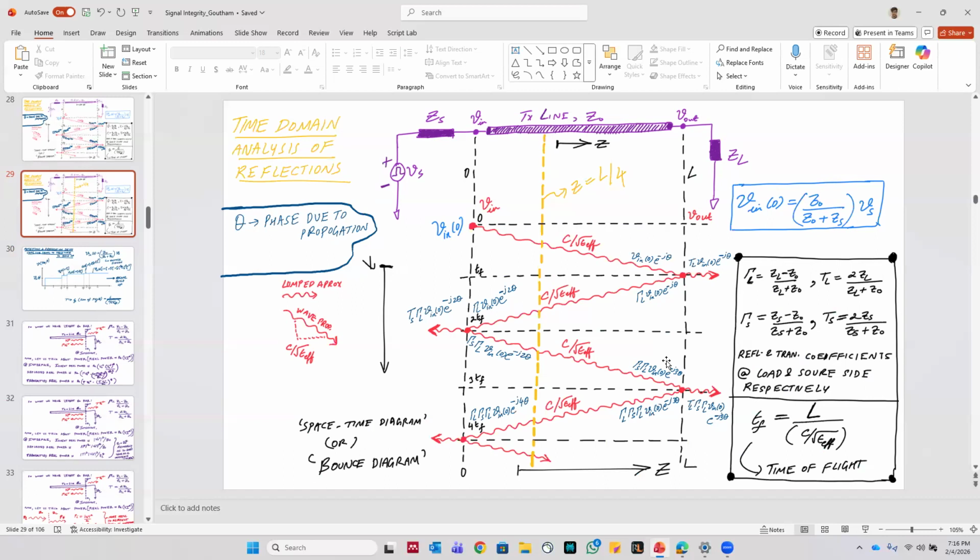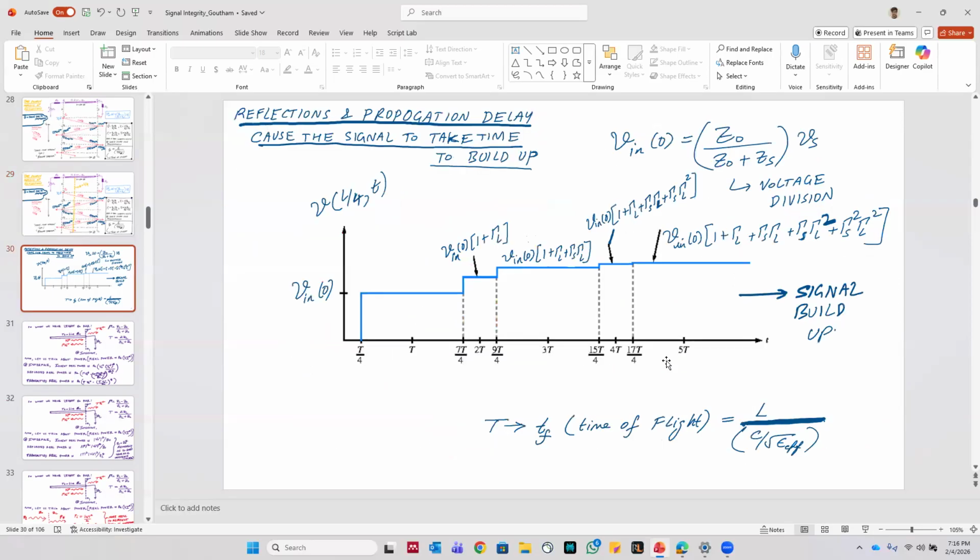You can go back and think about this. But if you're not following, the main concept to understand here is that these reflections are going to keep adding, or depending on phase, even subtractive. It really depends on the calculated phase. But in this situation, they're adding up.